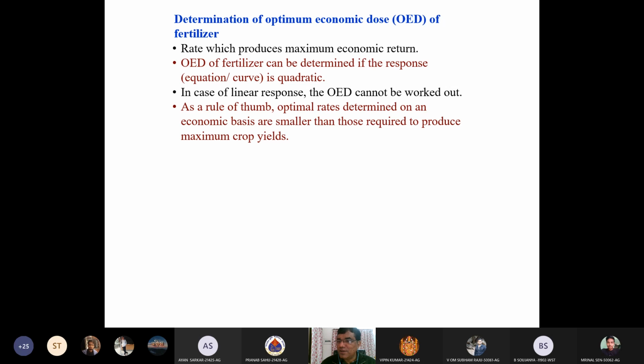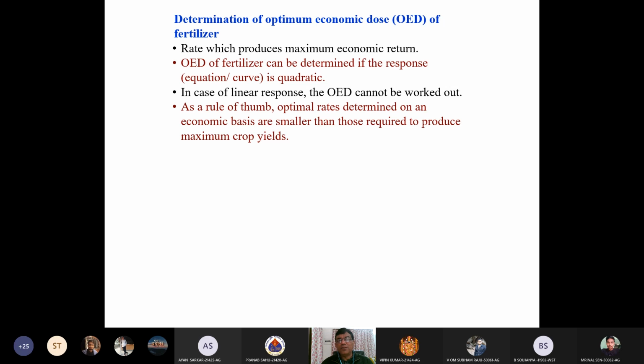Instead of 120, they get an optimum dose of 150, which was not tested. So many times this mistake is made. You can find the optimum economic dose only when your linear relationship is non-significant and the quadratic relationship is significant.